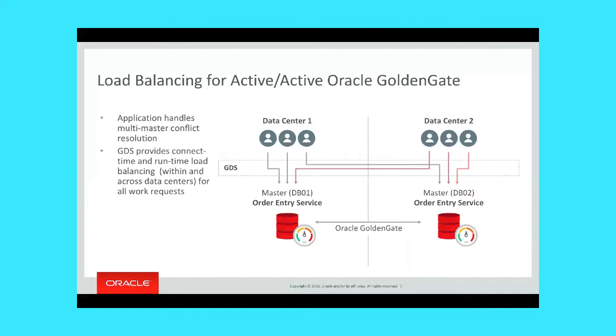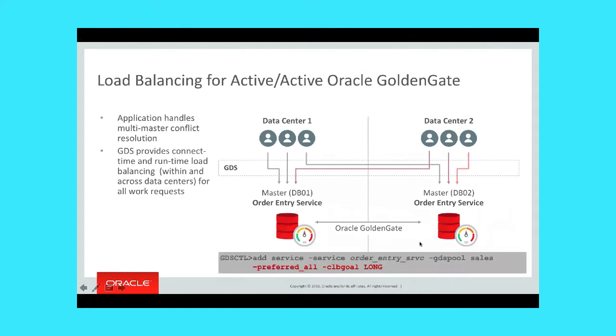The next one is load balancing for active GoldenGate. In this example, I have two databases, master DB01 and master DB02. The assumption is the application handles the multi-master conflict resolution using the GoldenGate framework. My goal in this case is to load balance my workload across these databases. But this time it's not just read-only workload that I'm load balancing, it's the read-write workload across these databases.